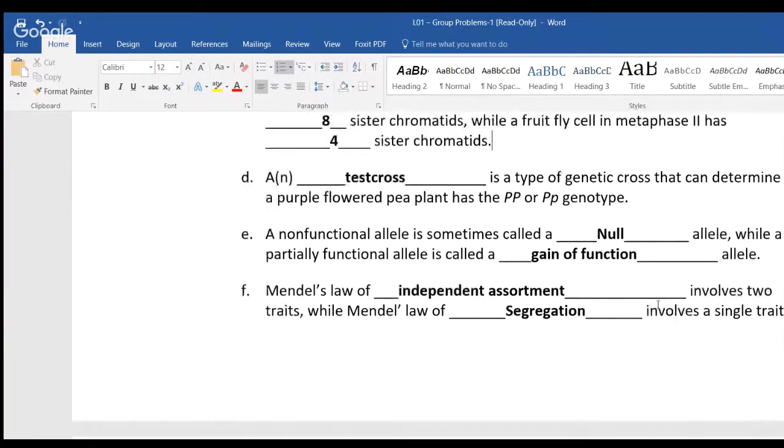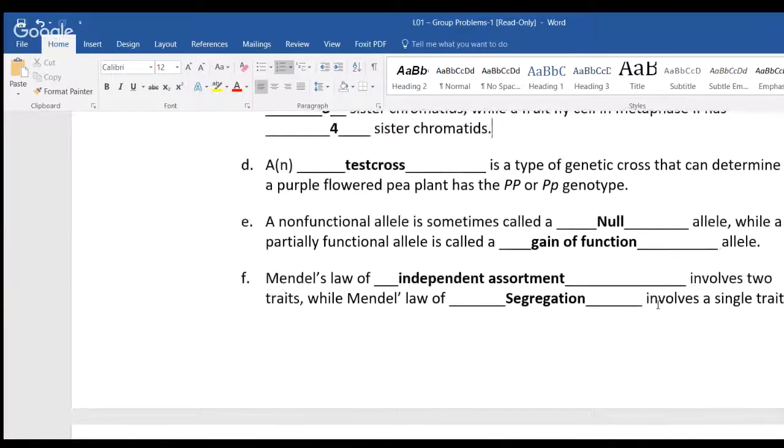For part D, we have to remember what kind of cross you do to determine if a purple flowered plant has a homozygous dominant or a heterozygous genotype. We have to remember that Mendel, when he did this, he took one that he knew, where both were recessive, and he crossed it with his unknown.